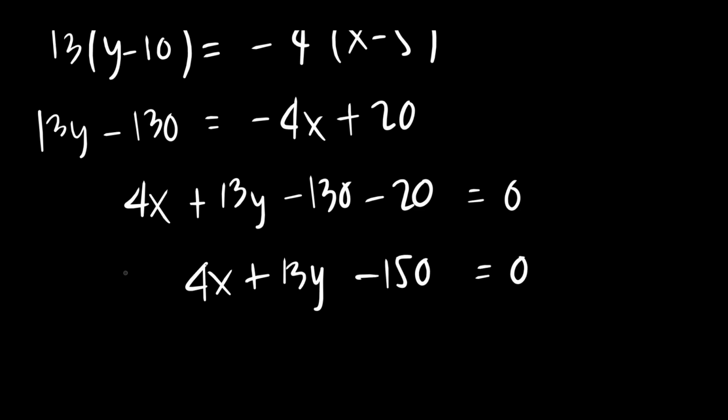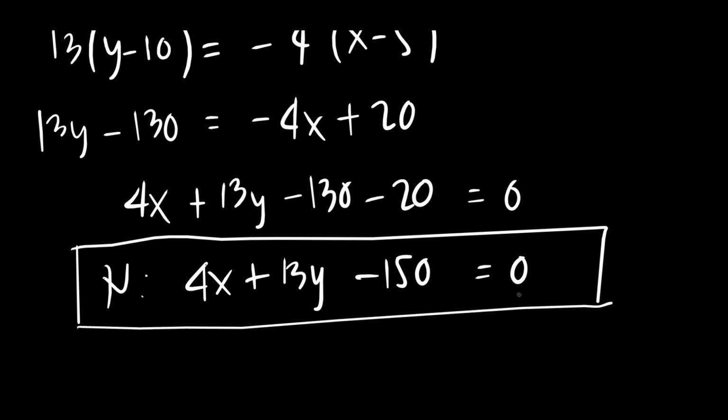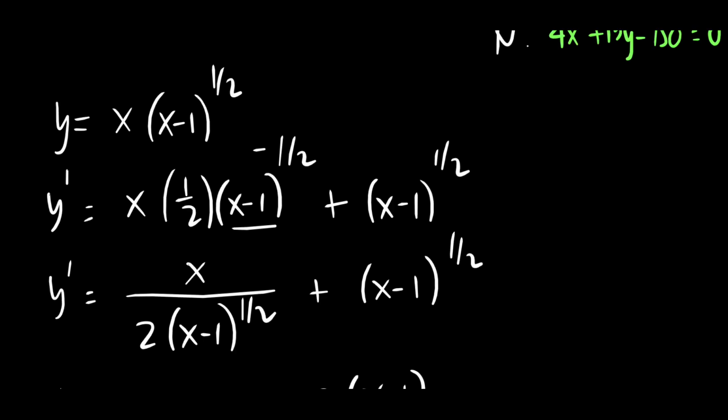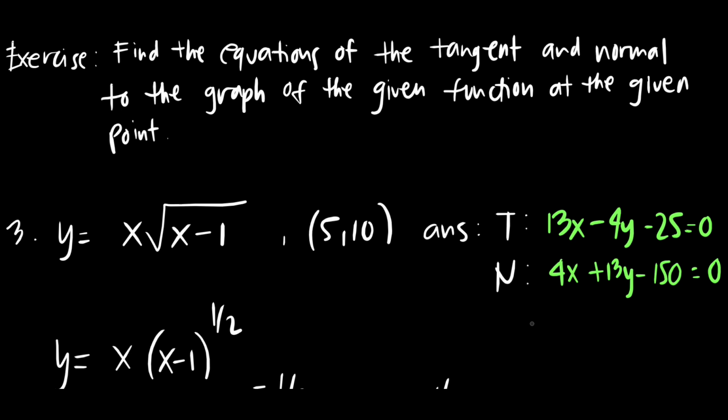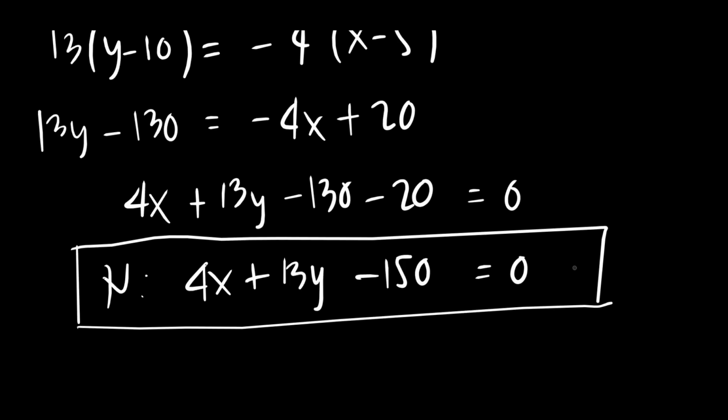So this is now our normal equation. So let's check if our answer is correct. 4x plus 13y minus 150 is equal to 0. So our answer here is correct. So let's proceed to number 5.